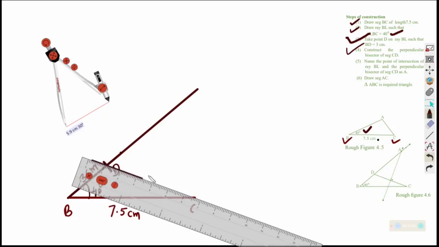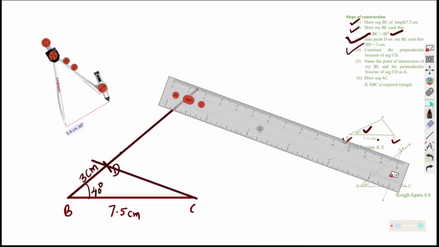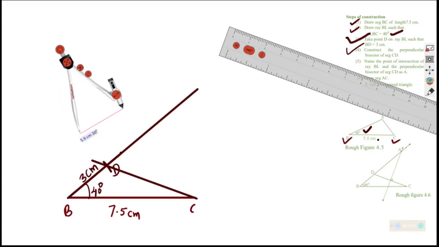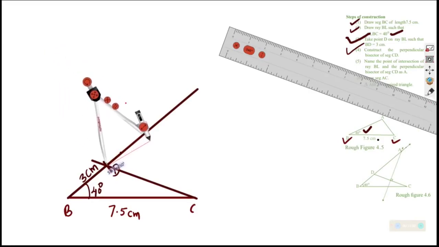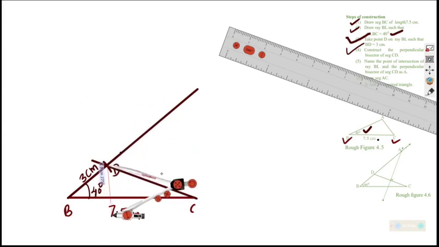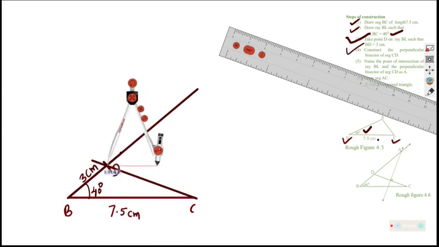Okay, it's almost perfect. Then we'll connect those D with C. Okay, now we will be drawing a perpendicular bisector for CD the way we did in the other case. Again we need compass for that purpose, and here the compass is, we'll draw perpendicular bisector to CD as it is more than half. Okay, we'll draw an arc on both sides. That is the purpose.